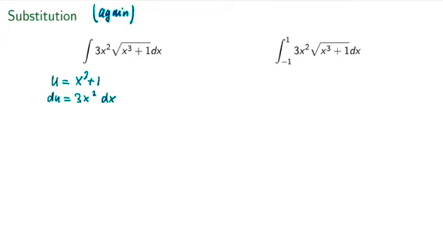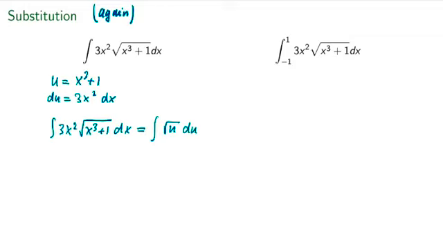And then we saw already that this 3x squared dx appears in the integration. So we can write the integral of 3x squared square root of x cubed plus 1 dx is really the integral of square root of u, and then the 3x squared dx is equal to du.